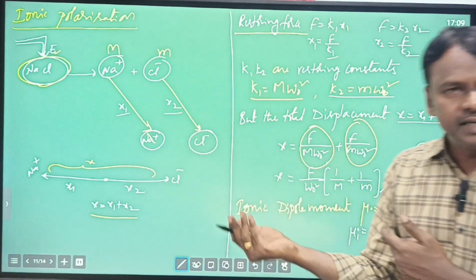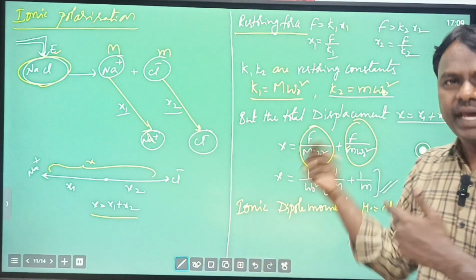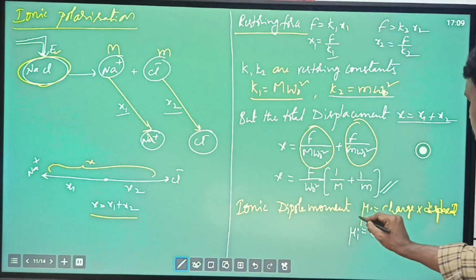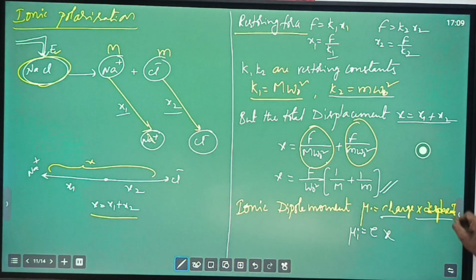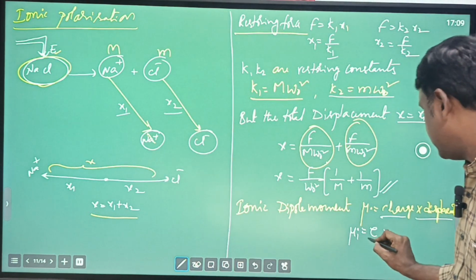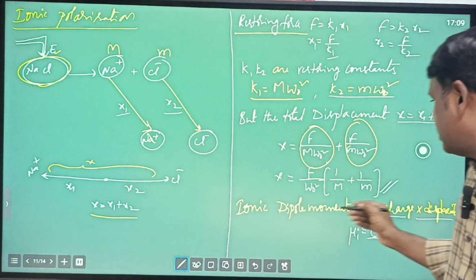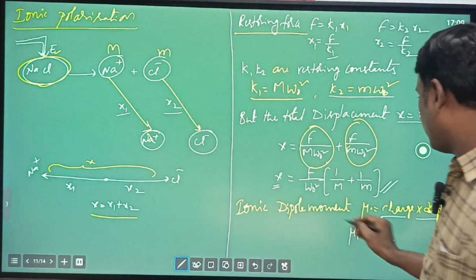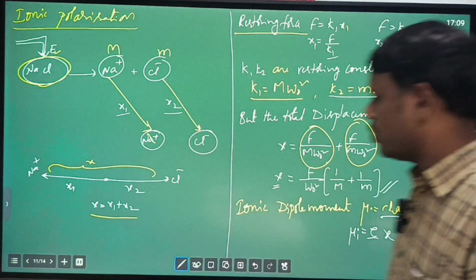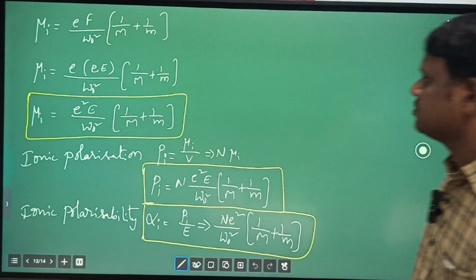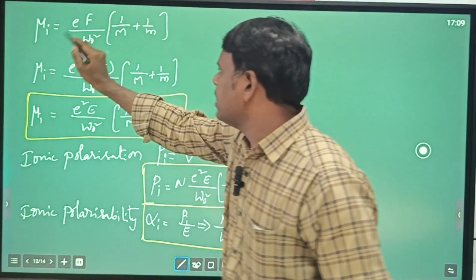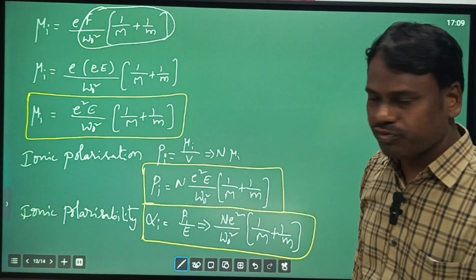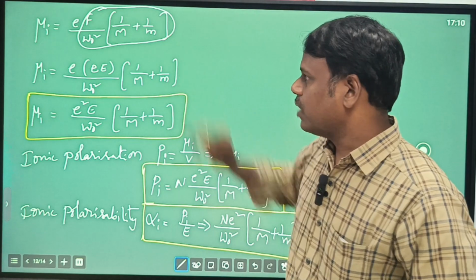If we get the displacement of the ions, we can calculate the dipole moment. So the ionic dipole moment is μi = charge × displacement. Charge e into the displacement, here x is the total displacement. So μi = e x.